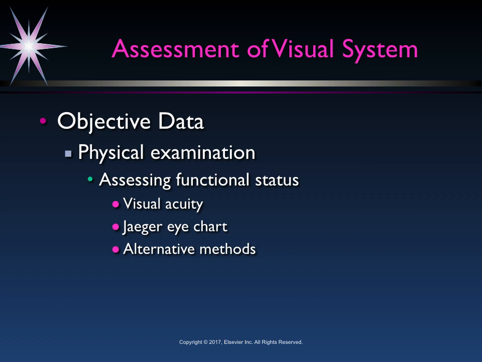Any hand motion or light perception, we may need to do that for distance vision assessment if a specific chart for distance isn't available. If you must assess near visual acuity without access to a Jaeger chart, an accurate assessment is still possible.